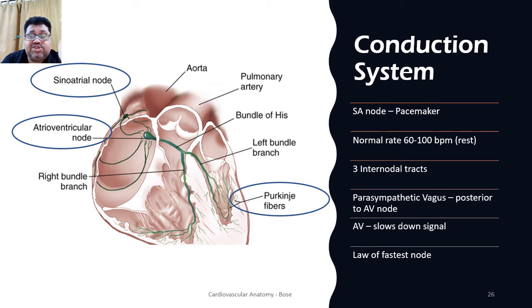An alteration in the conduction pathway will alter the mechanical activity of the heart and thereby reduce cardiac output. So this electrical signaling system is evaluated by the test called the ECG.